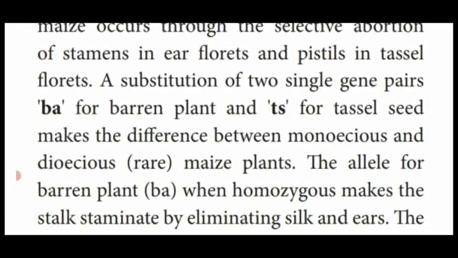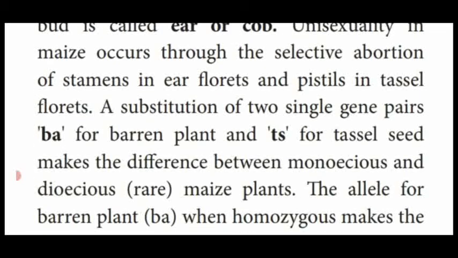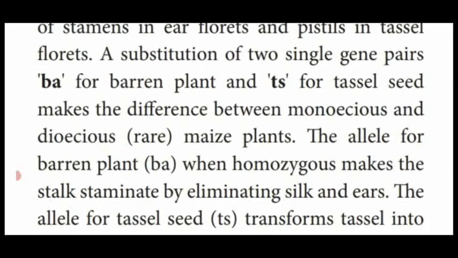Both of them show selective abortion, as we have seen in the previous lines. So we are adding the substitution gene pairs in both male inflorescence and female inflorescence to avoid the selective abortion in the maize plant, that is Ba for barren plant and Ts for tassel seed. The allele for barren plant, when homozygous, makes the stalk staminate by eliminating silk and ears.